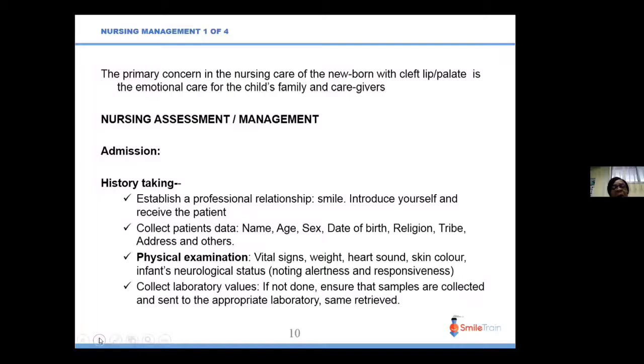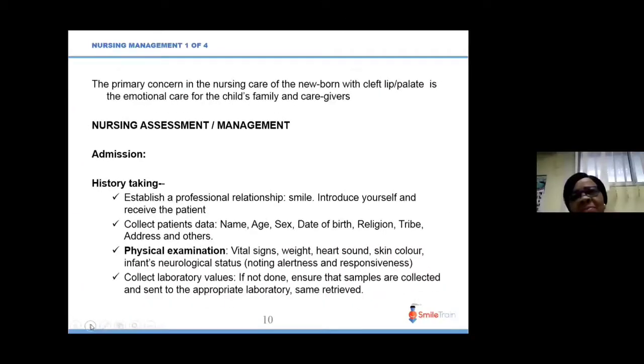Now, it is of utmost importance to note that as patients come in for surgery, they start from the clinic. In the clinic, the nurse attends to them with the doctors, and when agreement is made, the patient is convinced that surgery will be done, the patient is admitted. So pre-operative nursing care of this patient starts from admission into the ward.